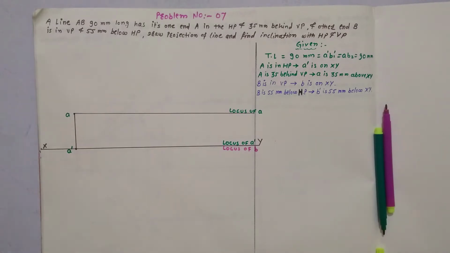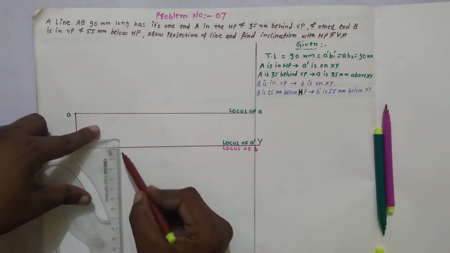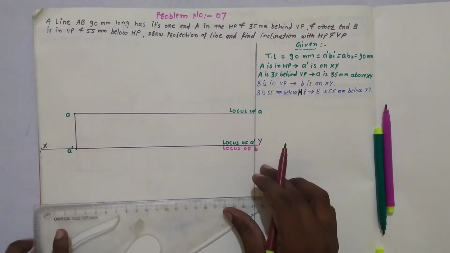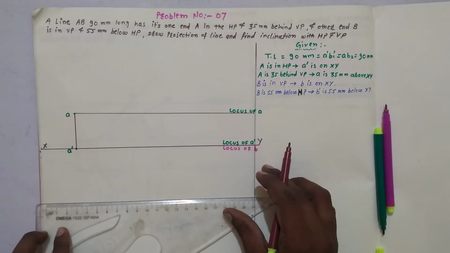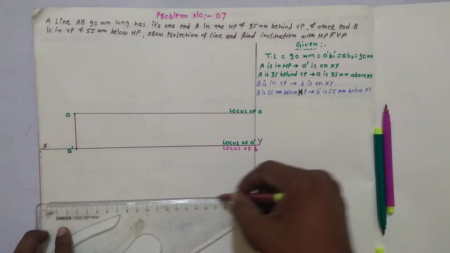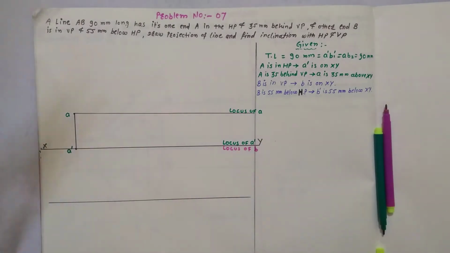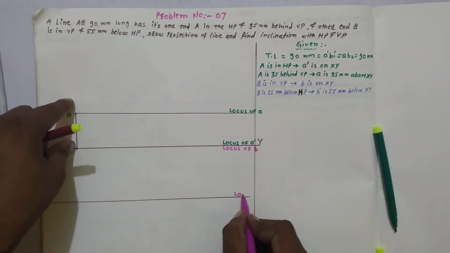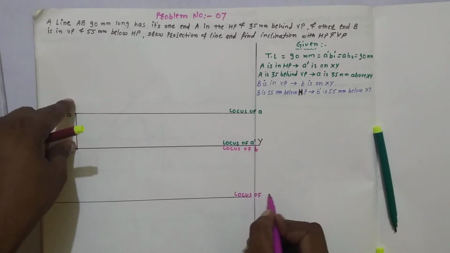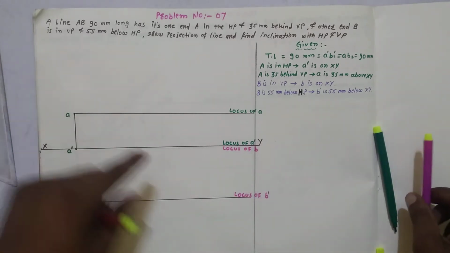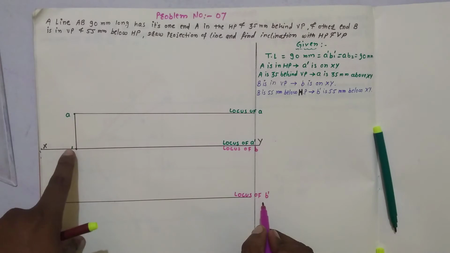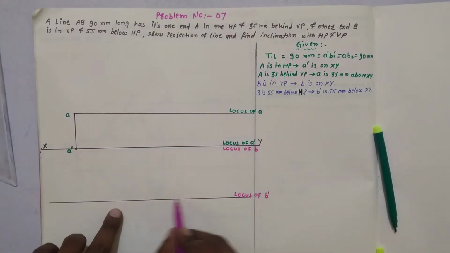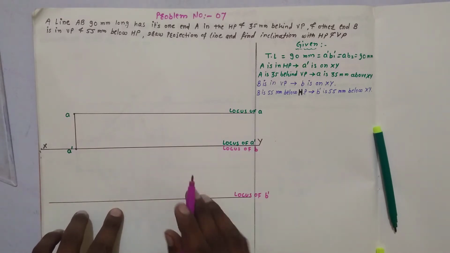Take 55 mm in the scale and draw it below the XY line. This line is the locus of B dash. So the point B dash will be formed anywhere on this line; we don't know exactly which location.